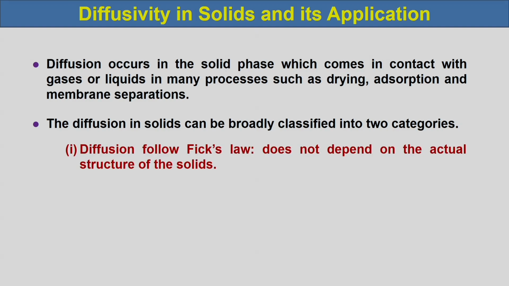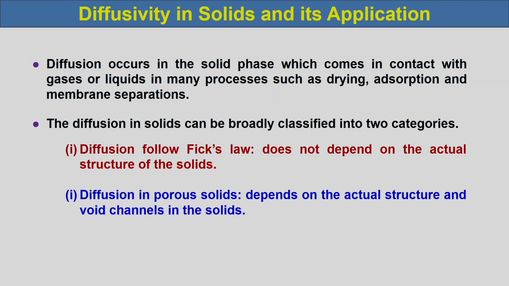The first one is diffusion that follows Fick's law, that is, it does not depend on the actual structure of the solid, and the second one is diffusion in porous solids, which depends on the actual structure and void channels in the solids.